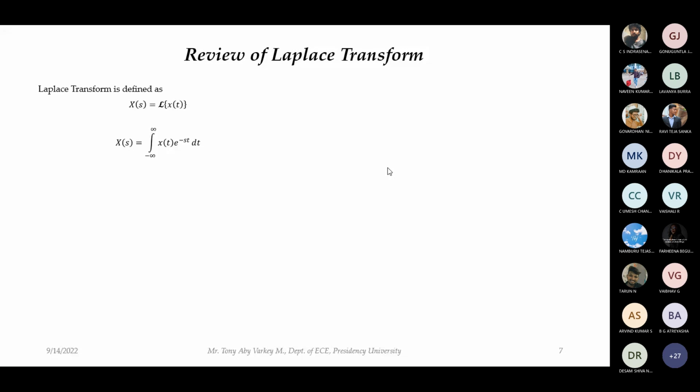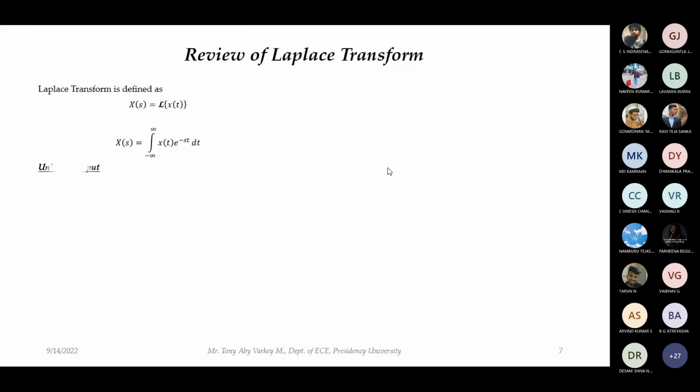Laplace transform is defined as X of s is equal to integral minus infinity to infinity x of t e to the power minus st dt. Is it clear? Capital X of s, which is the Laplace transform of x of t, is equal to integral minus infinity to infinity x of t e to the power minus st dt.